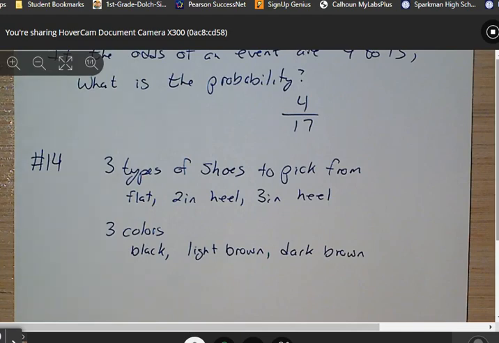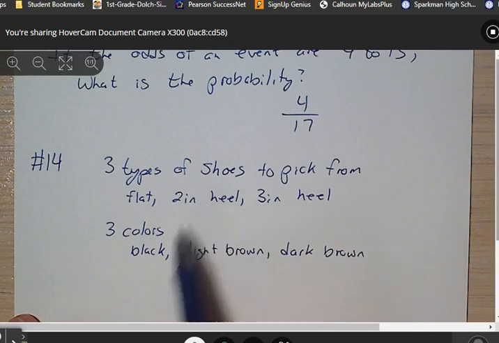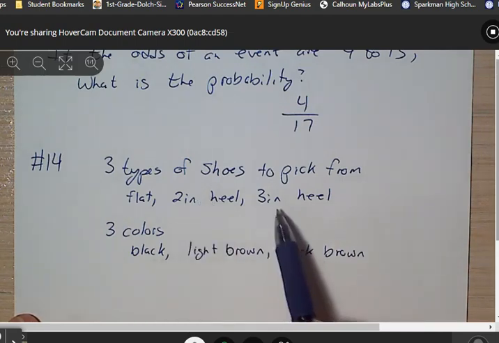And then I think the question asked, okay, you could pick any one of these combinations of things. So if you pick the flat, you can have black, light brown, or dark brown. So there were 3 different ways you could pick flats. There were 3 different ways you could pick a heel. Same thing: it could be a 2-inch heel with black, light brown, or dark brown. You have a 3-inch heel here that would be with these.